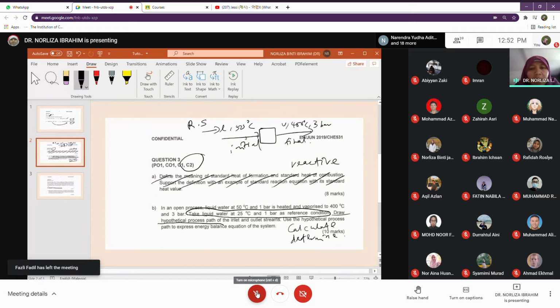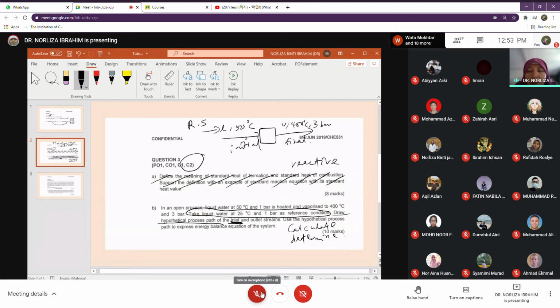Okay, so for this one, for the inlet, how many paths are you getting? Inlet for water, how many paths? Anybody? Draw the hypothetical process path of the inlet streams.